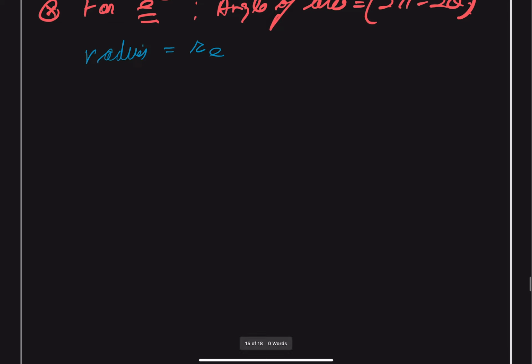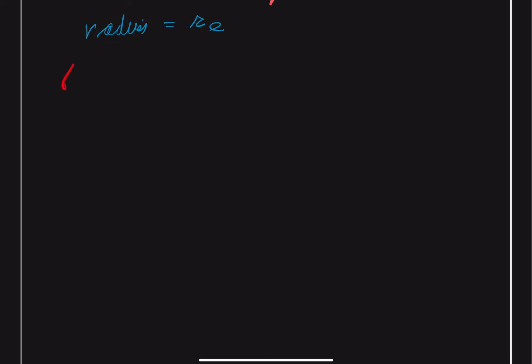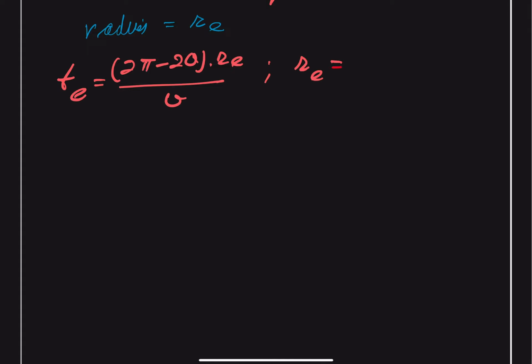Therefore, we get T_e equal to (2 pi minus 2 theta) times radius divided by velocity v. Once again, for radius r_e we have the same equation but with respect to the electron.